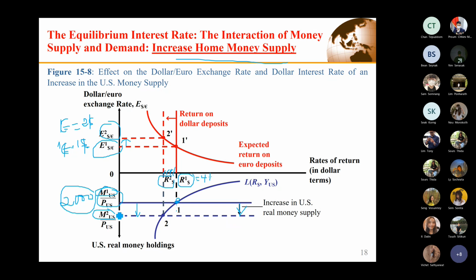Now the central bank has decided to increase the money, so they print and put more money in the economy, so we have more money than needed. So you see at point 1, people need money that is enough to buy 2,000 units of goods. However, the central bank has printed more money than people need.